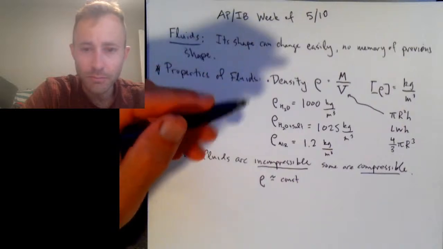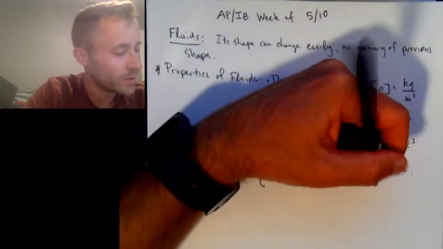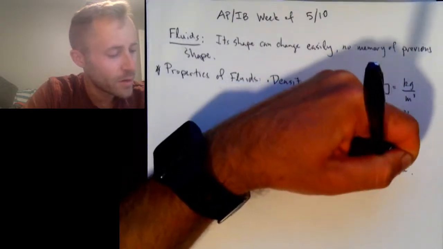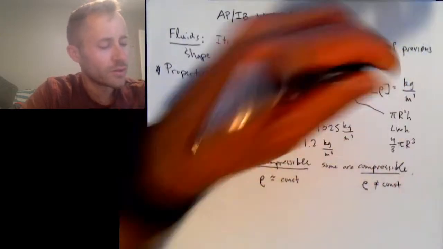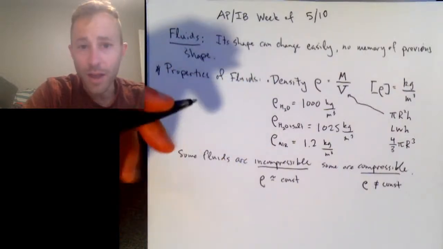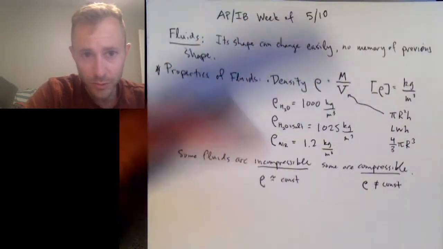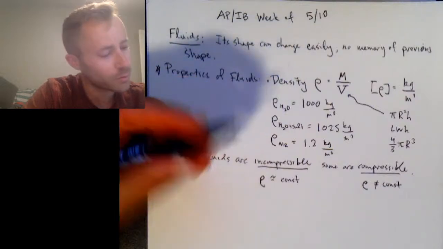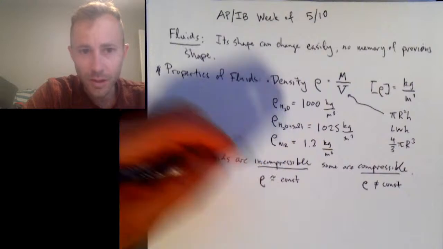Compressible means that the density is not constant. Now every fluid, when placed under pressure, is going to experience a density change. So that's why I said approximately constant.